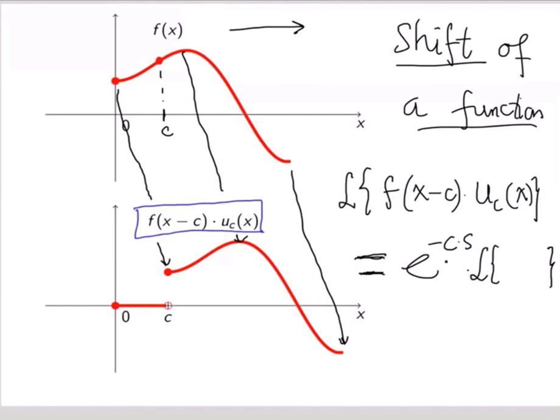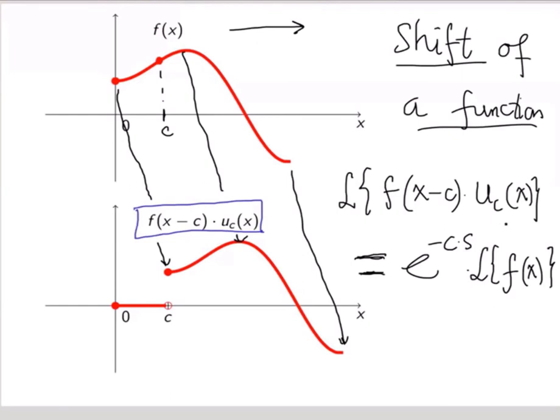We have e to the minus cs times the Laplace transform of this piece shifted to the left c units. But when we shift the entire new piece here to the left c units, we get back to exactly the function f. So right here, we only have f of x. This formula will be given in the table of Laplace transforms as well.